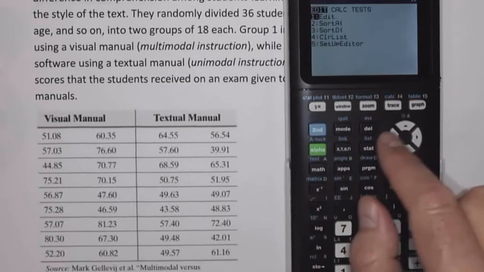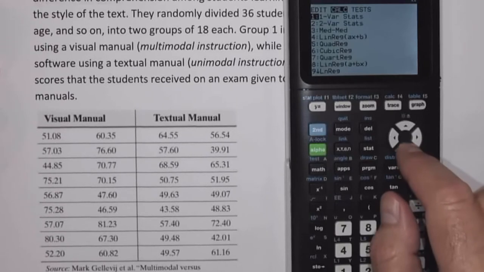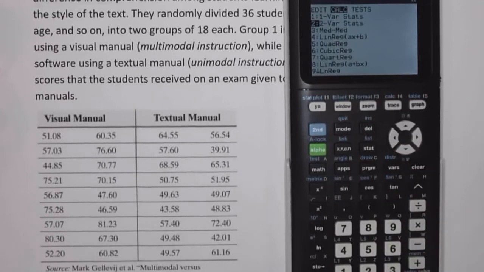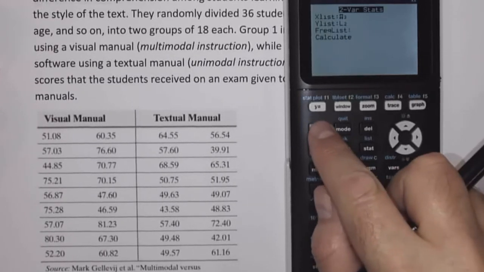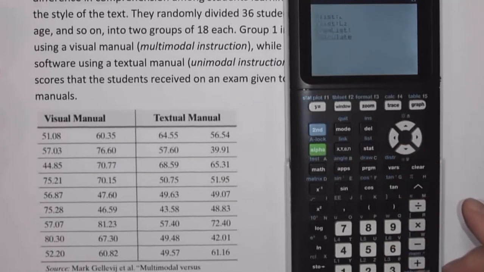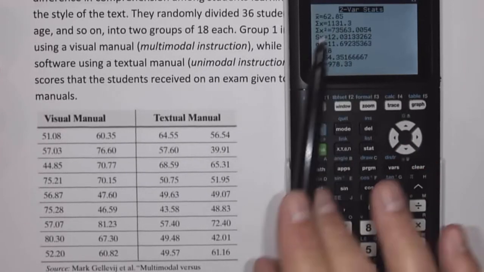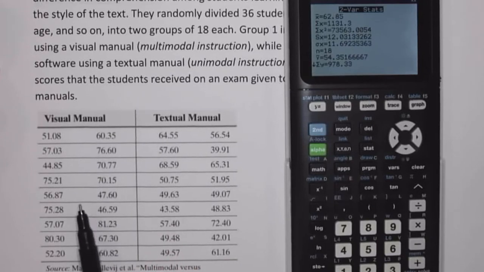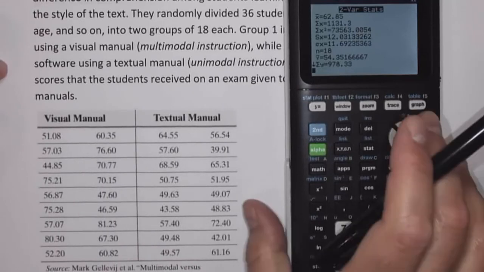So I'm going to do Stat and Calc, and I'm going to do two variable statistics because I have both the visual and the textual data. So my X list is list 1, my Y list is list 2, and if I calculate, X bar is 62.85, that's the mean for the visual manual, and S sub X is 12.03, so let me write that down.